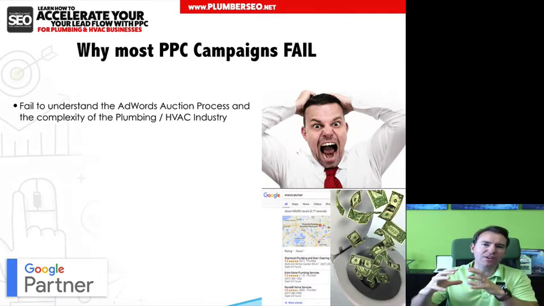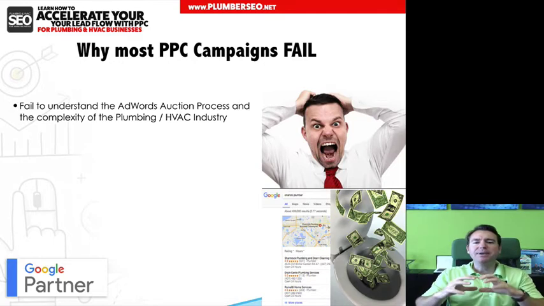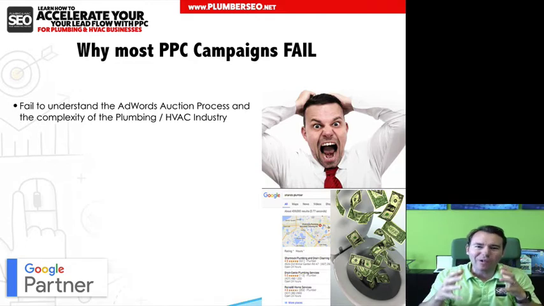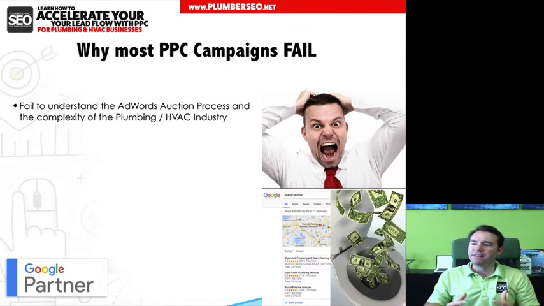But the other reason a lot of these campaigns fail, again, is because the national companies working with plumbing and HVAC companies are organizations that don't have a lot of experience in the plumbing and HVAC space. They just don't understand. It's more complicated than just plumber or AC repair, right?